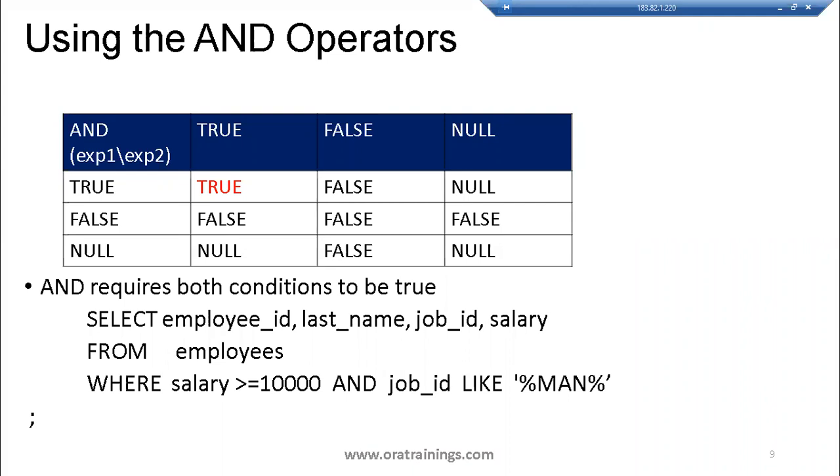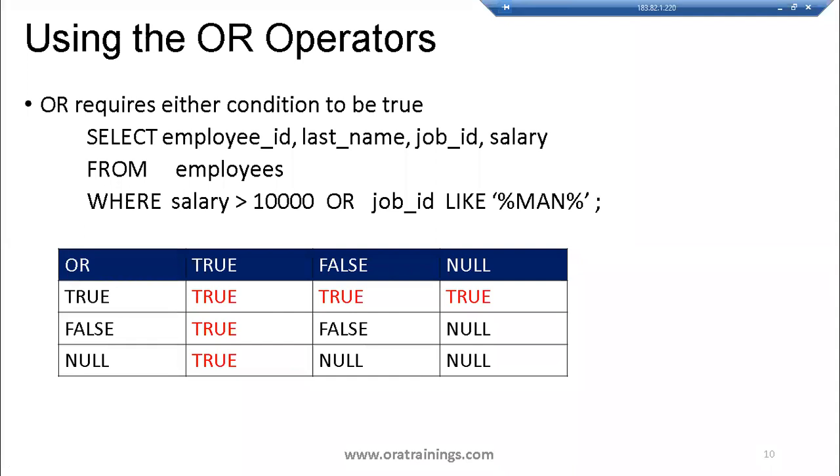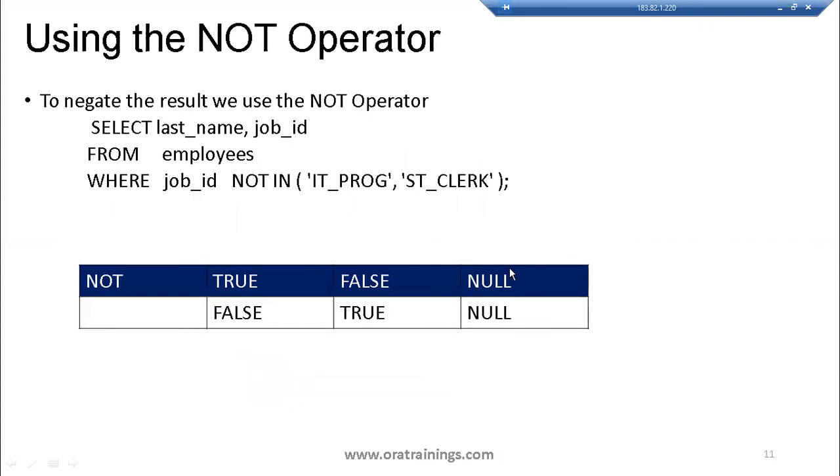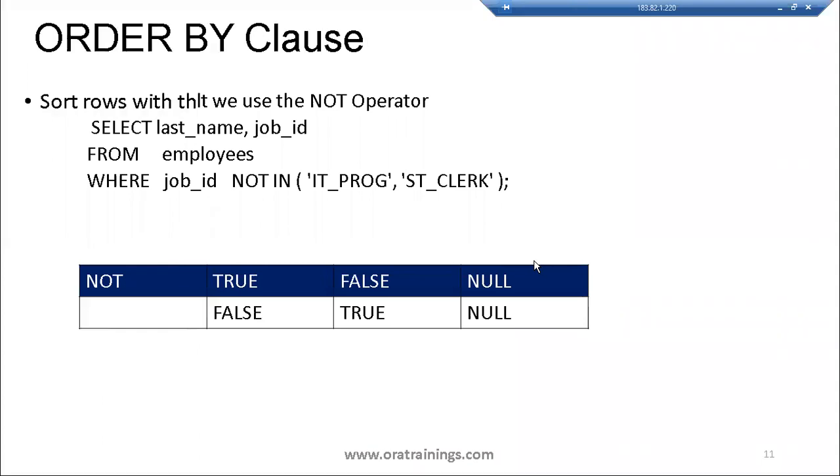This is how the AND operator works. Similarly, for the OR operator, at least one condition should be true. True with true is true, true with false is true, true with null is true, because at least one condition is true. This is how the OR operator works. Coming to NOT, it is negation.